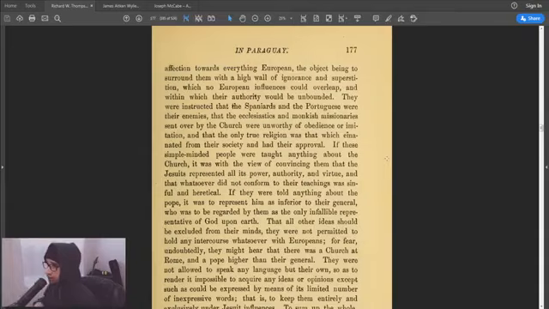If these simple-minded people were taught anything about the church, it was with the view of convincing them that the Jesuits represented all its power, authority, and virtue, and that whatsoever did not conform to their teachings was sinful and heretical. If they were told anything about the Pope, it was to represent him as an inferior to their general, who was to be regarded by them as the only infallible representative of God upon earth.